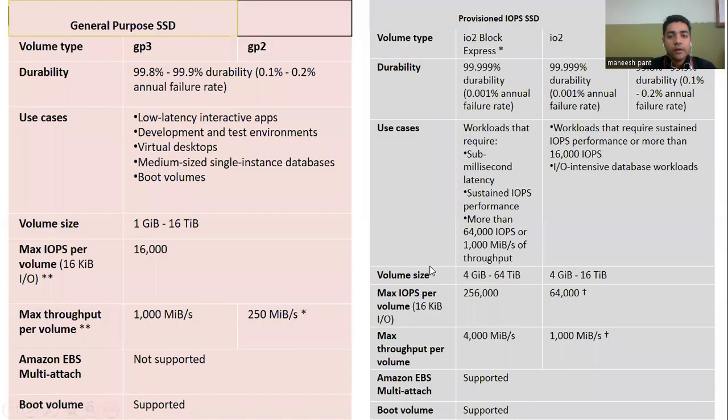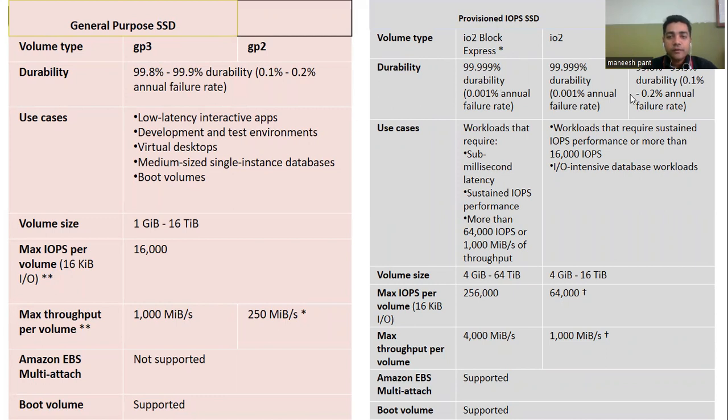Then moving forward, we can do some comparison of general purpose SSD and provisioned IOPS SSD. These are the volume types: GP3, GP2, and here IO2 or IO1. These are the names of the different volume types in general purpose SSD and provisioned SSD. General purpose SSD durability is 99.8 to 99.9%.